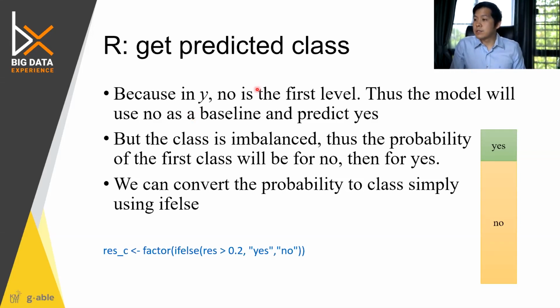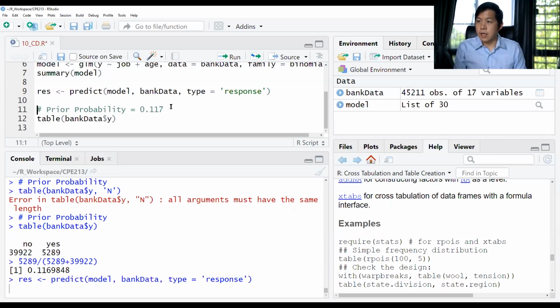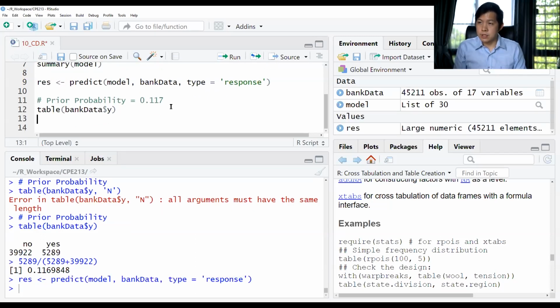Okay, so here we need to change it into yes and no so that we can compare with y. So let's first take res, and I will use this res c.